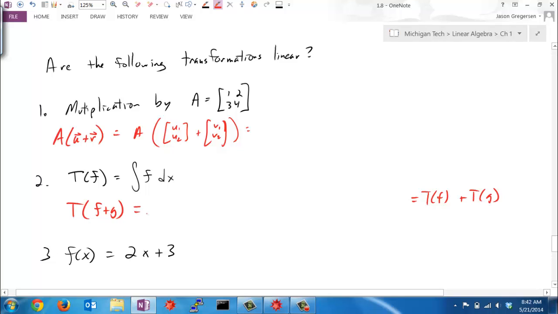What does that mean? Our transformation is taking some input and mapping it to the integral of that input. So now my input is f plus g, so it should be mapping it to what?